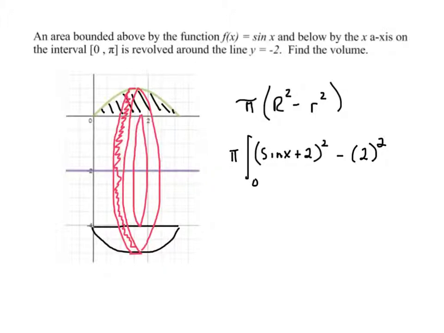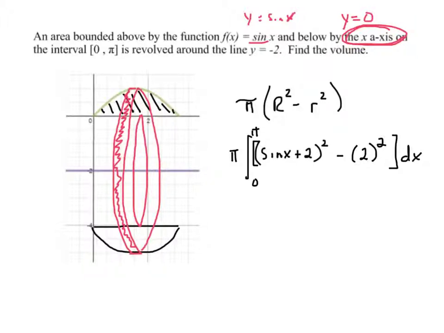that there actually are 2 radii, and the reason it gets forgotten is because 2 functions are not explicitly stated in the problem. What you need to look for is, as we bound this by the x-axis, remembering that this is actually y equals 0, we actually do have 2 functions mentioned, albeit a little bit tricky in their mentioning. One is that y is equal to the sine of x, and the other is that y is equal to 0.